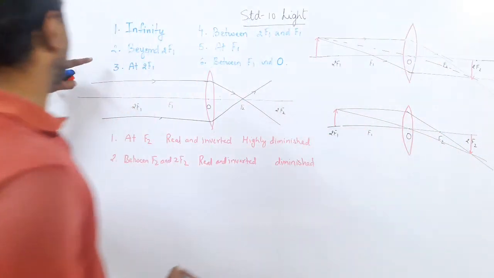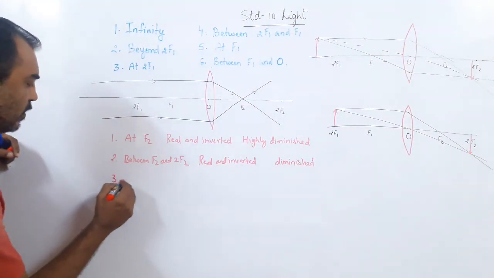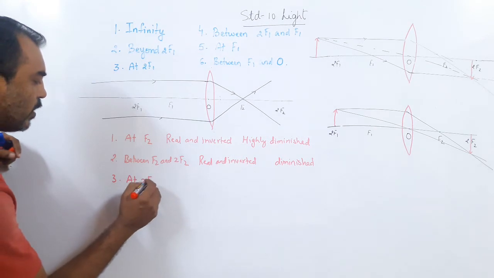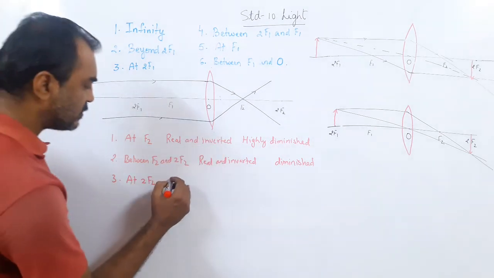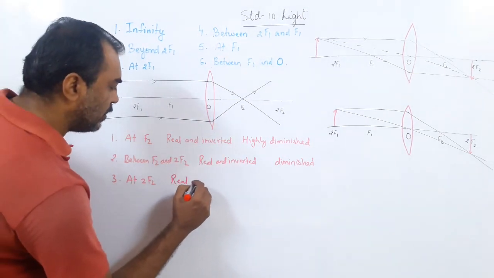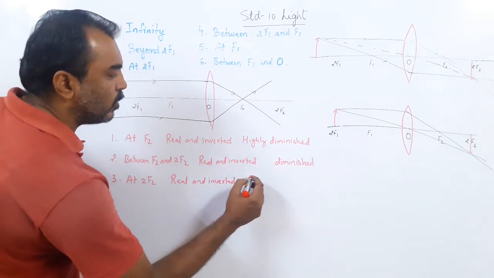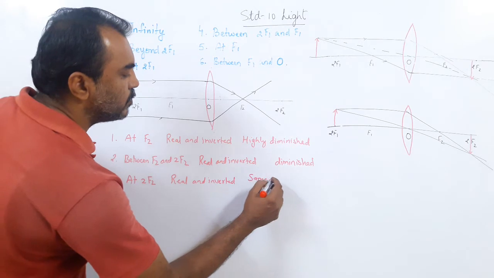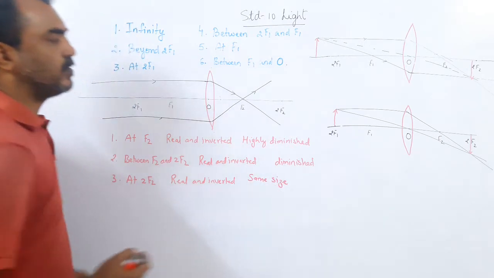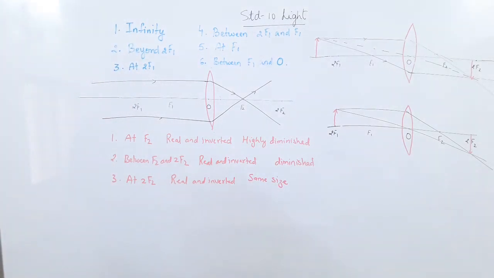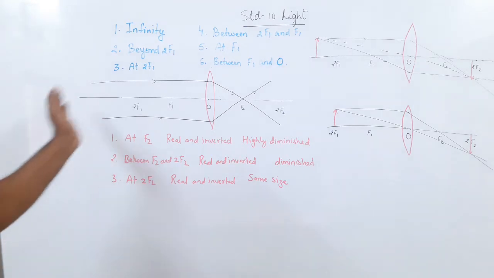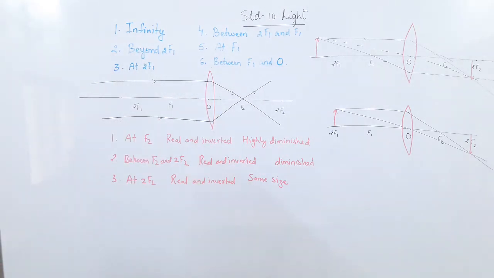So in the third case, at 2F1, the image is formed at 2F2. Again you can see real and inverted, and not diminished but the same size. So just like the mirror, but on the opposite side.